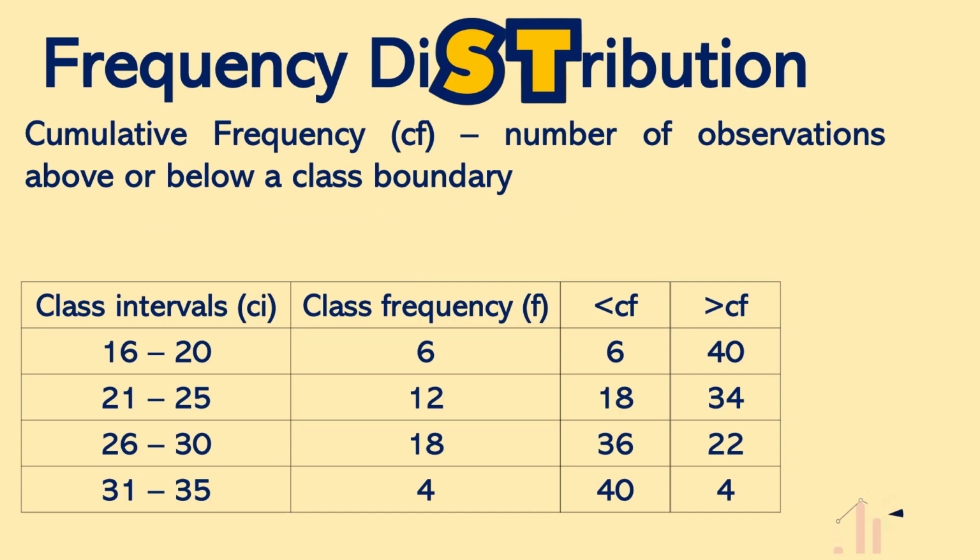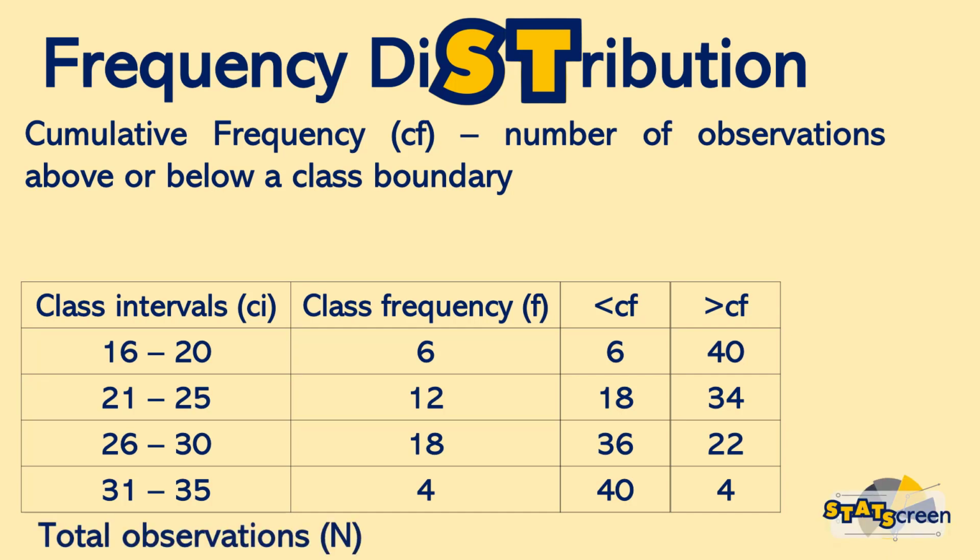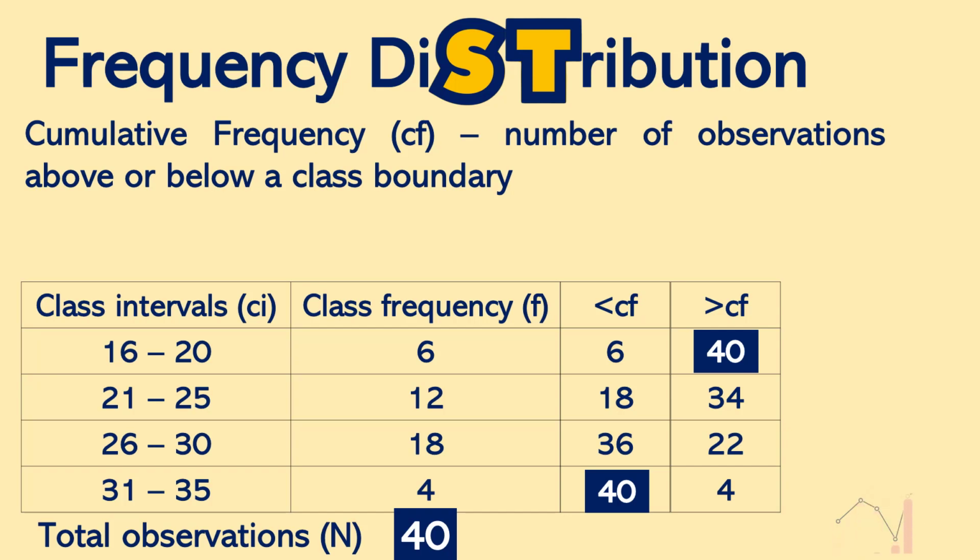Again, just a review, you would know that your answer is correct if the total observations of 40 matches your last less than cumulative frequency and your first greater than cumulative frequency. If it's less or more than that, review your process, because you might have committed some errors along the way.